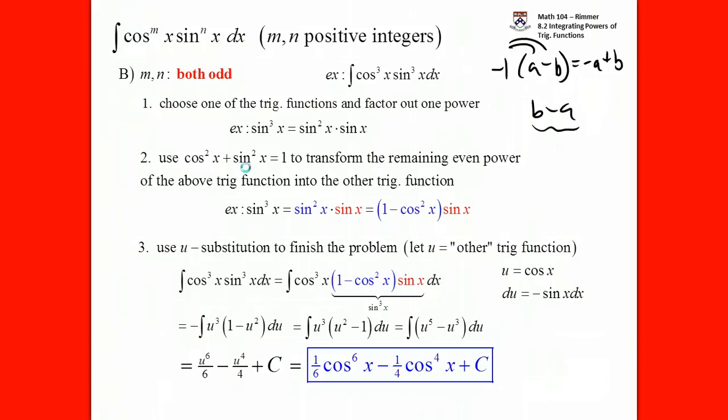All right, we're good? All right, so what about when there's not an odd present? They're both even. Cosine to the fourth and sine squared. I don't know why this animation is off like this.